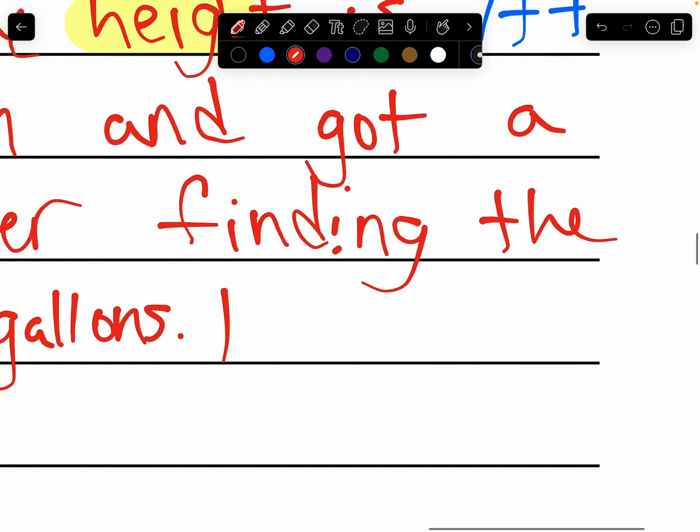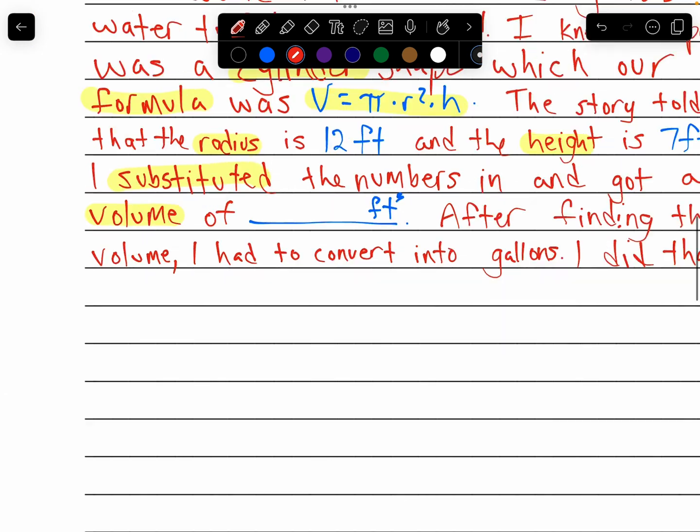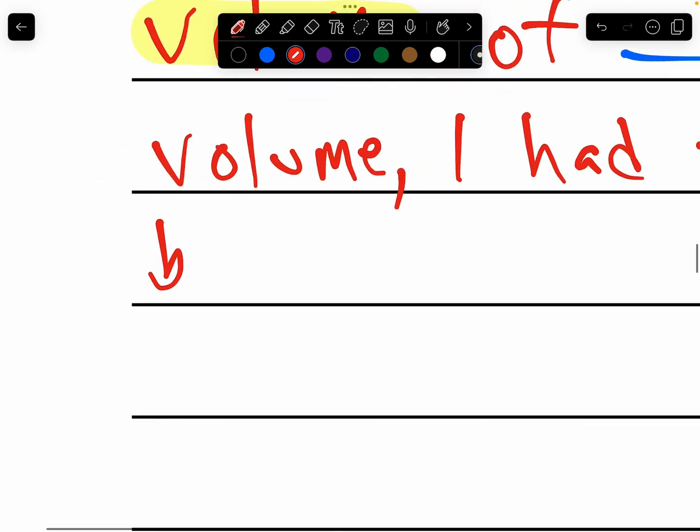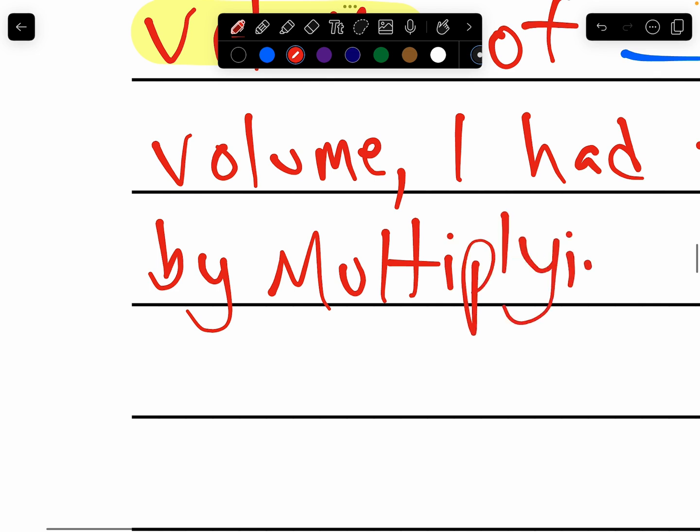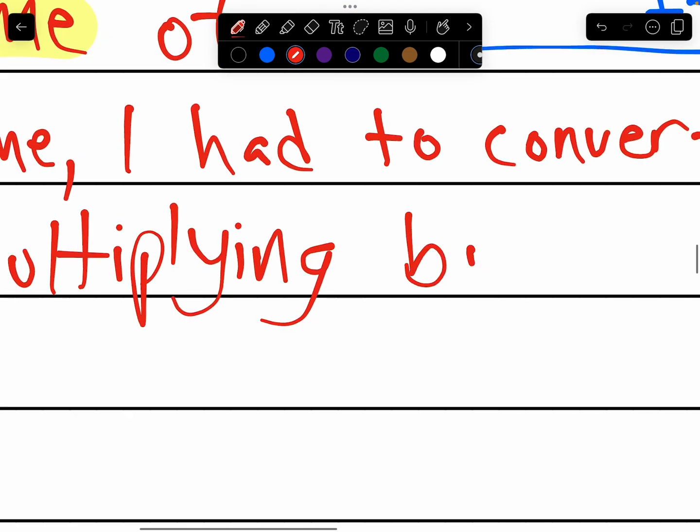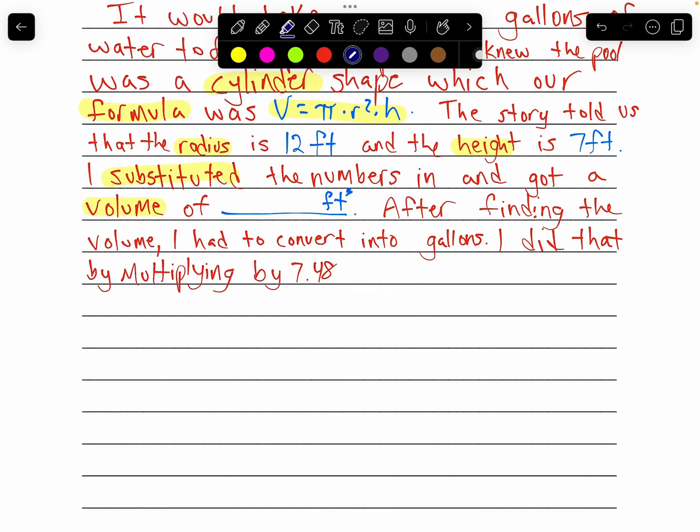And how do we do that? I did that by multiplying by 7.48. So here, more volume, we had to convert. In this case, gallons, it's not something that we use, but gallons is still pretty important to what we're saying here.